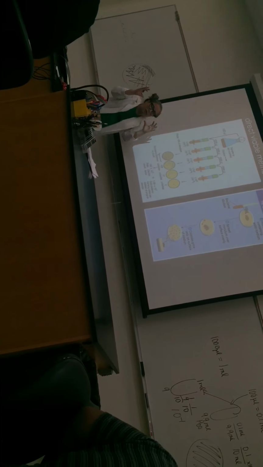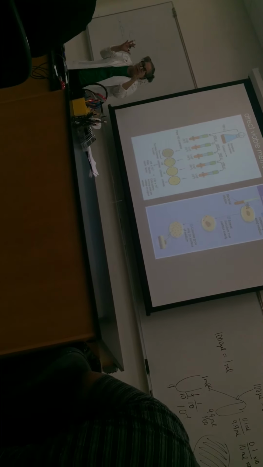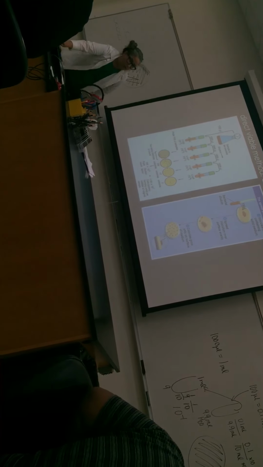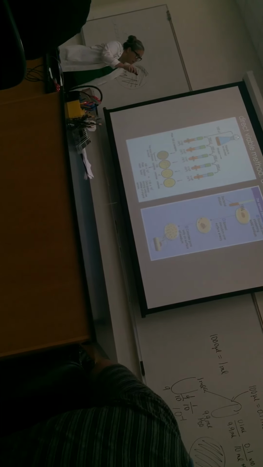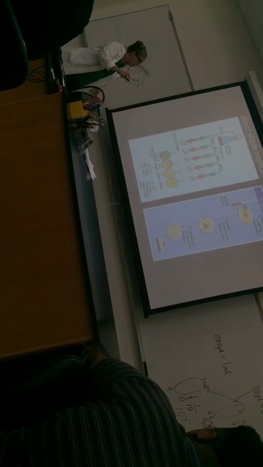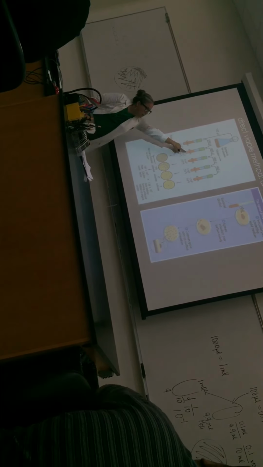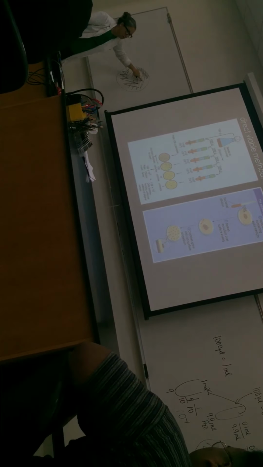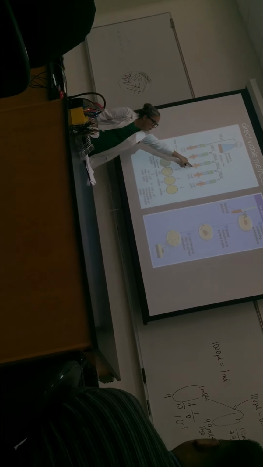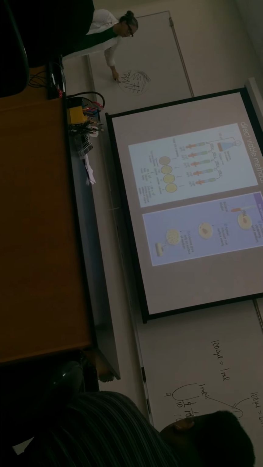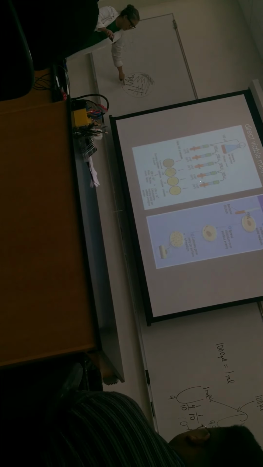So if we think about this like this, the streak plate, this is like the undiluted, the first zone. And this test tube is like the second one. And this test tube is like the third streak. And that one is the fourth.